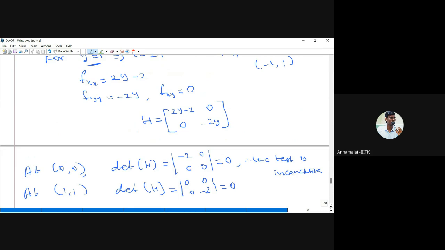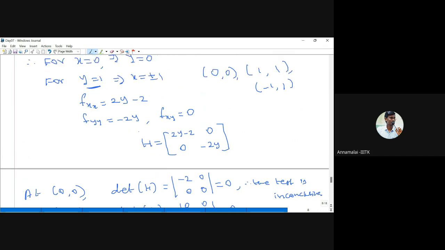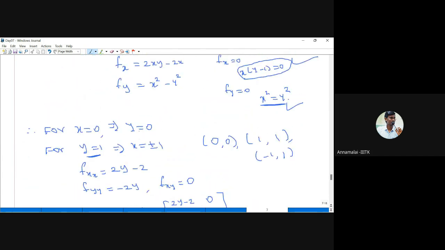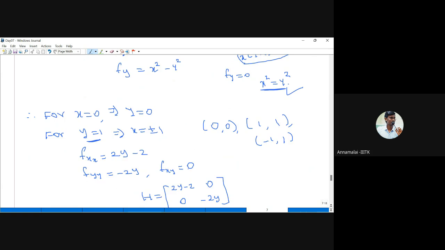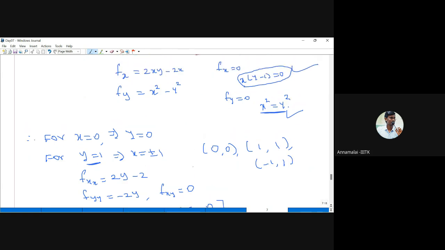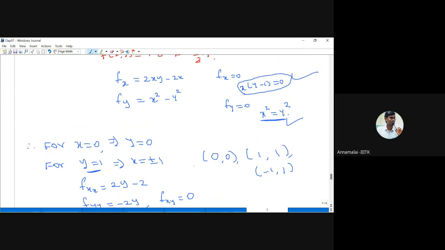okay, what is fxy? I am writing it right. What is fxy? Please wait. We will check the matrix again. So fxx is 2y minus 2. Fyy is nothing but minus 2y, correct? Okay, sorry, for fxy I am going to differentiate fx with respect to y.